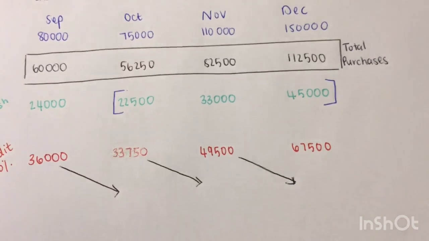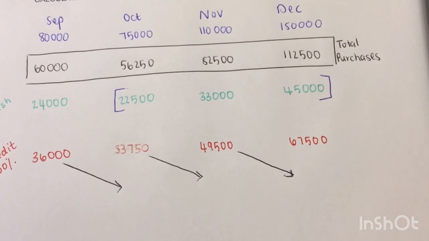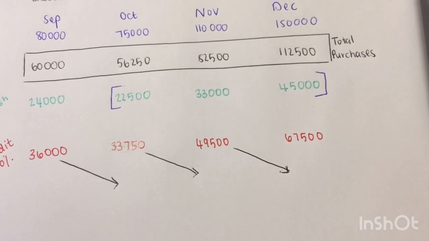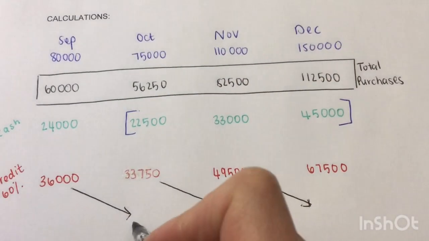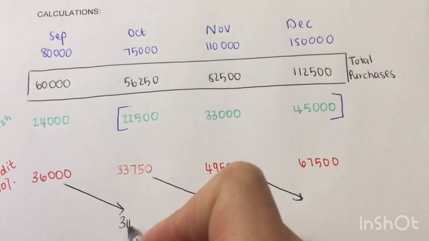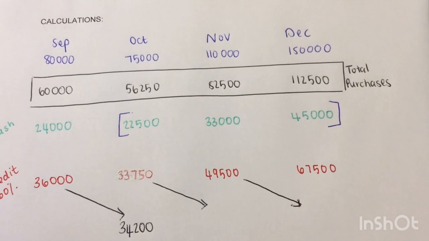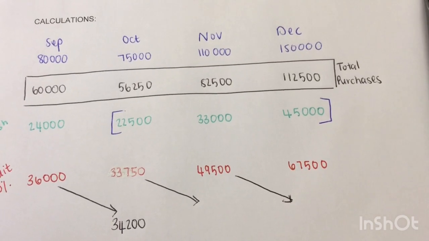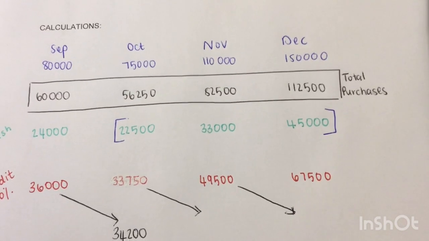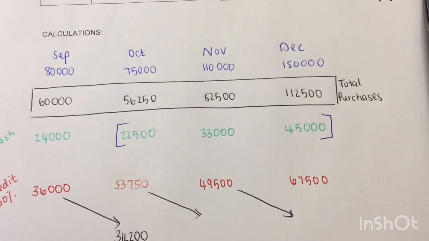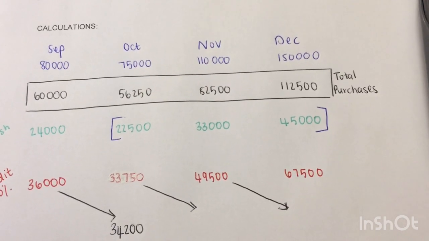But it's not that amount. It is 5% less. So I need to multiply with 95. I'm going to do it here in my October column. 34,200 is what I will pay. And then for November, looks like I did something wrong. 33,750 times 95 divided by 100.